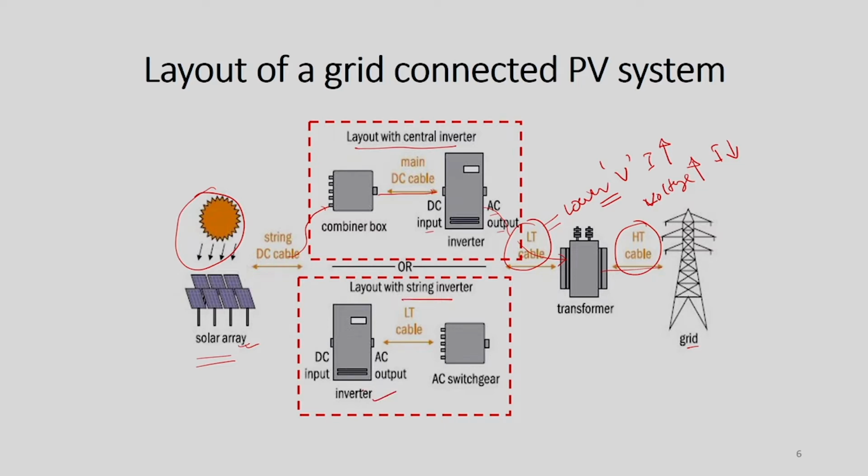In the case of a string inverter, we need an AC switchgear before it goes to the transformer. We will learn all the different kinds of inverters in the coming slides, but this tells about how this system works. We need solar energy and then PV modules or arrays, and we need different cables like DC cables, AC cables, then inverters, transformers and then the grid.